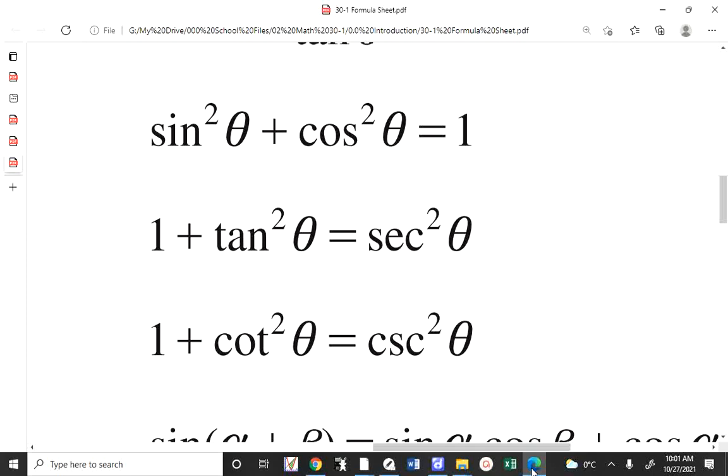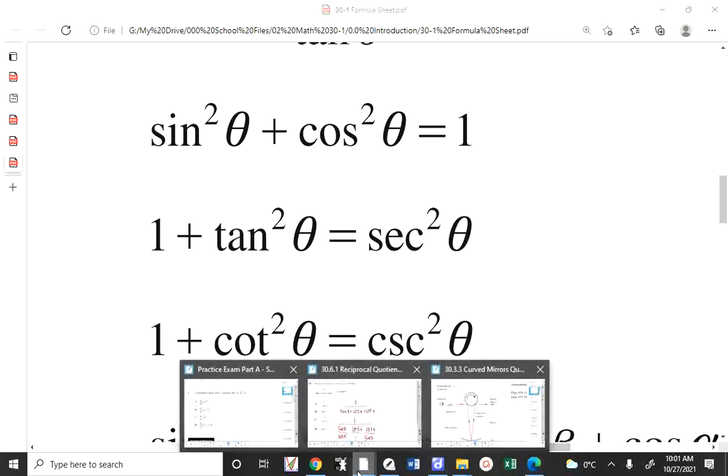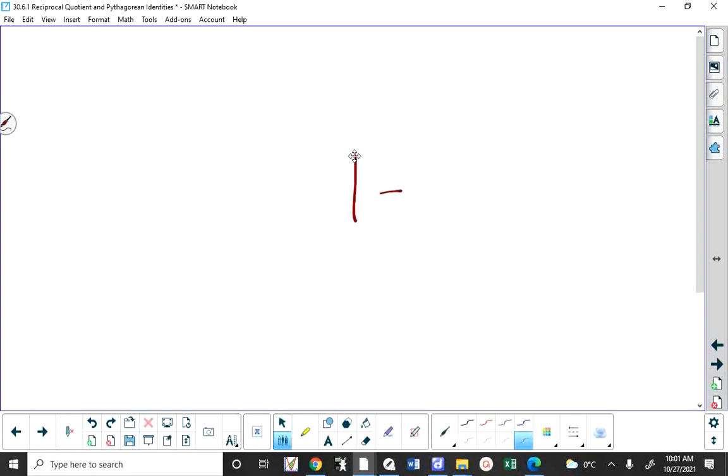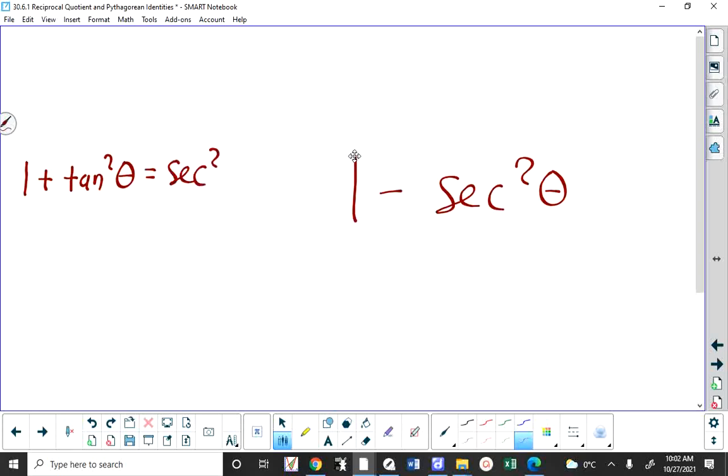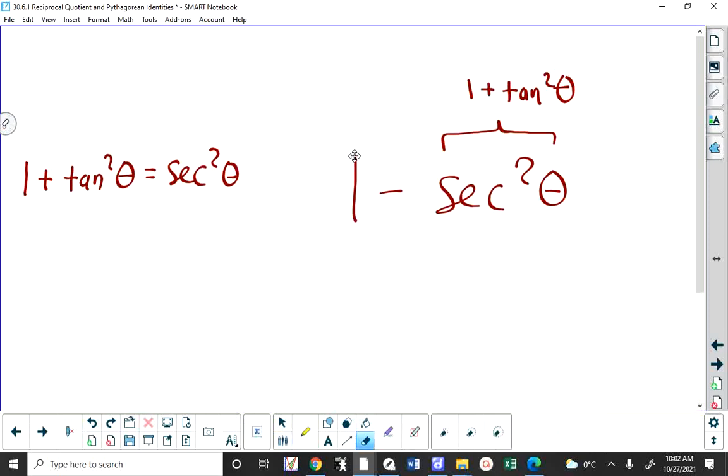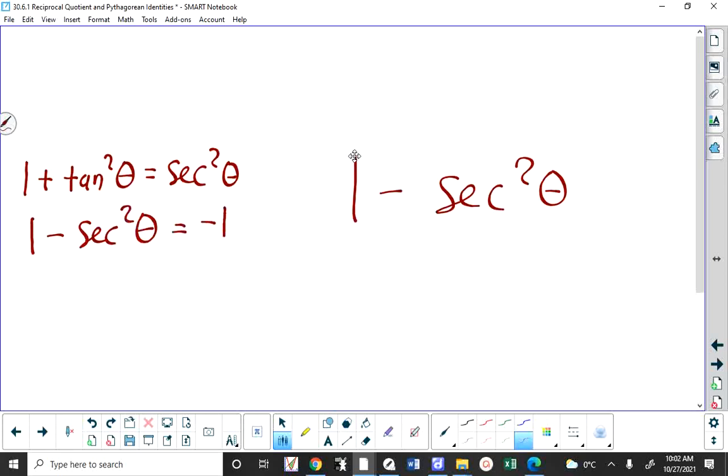But certainly, if you see 1 minus secant squared of theta somewhere in your work, rather than using the identity 1 plus tan squared of theta equals secant squared of theta and putting 1 plus tan squared here, you could say 1 minus secant squared is negative tan squared.